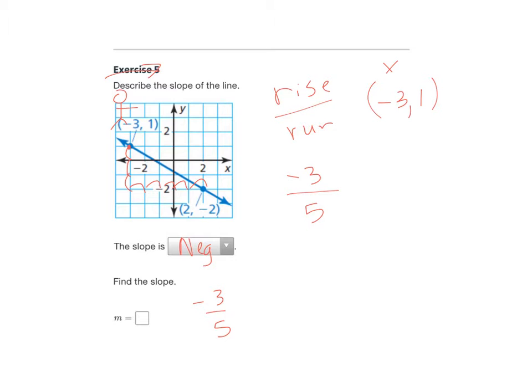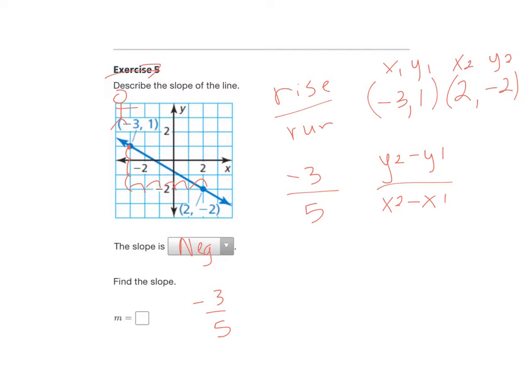The other way to do it is you've got -3, 1. We'll call this x1, y1. The other location is 2, -2. We'll call this x2, y2. Now the formula is y2 minus y1 over x2 minus x1.